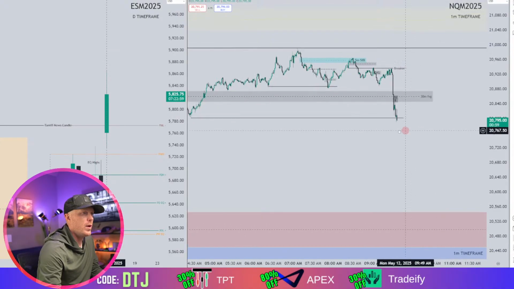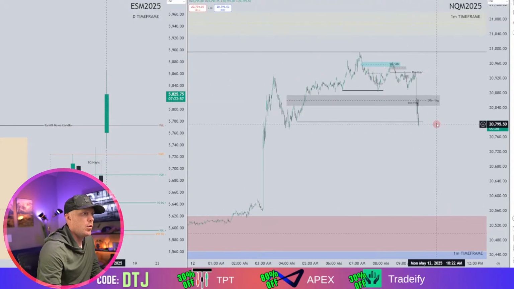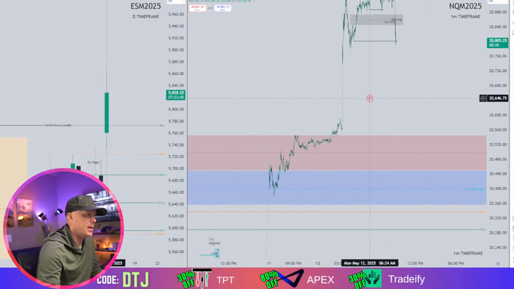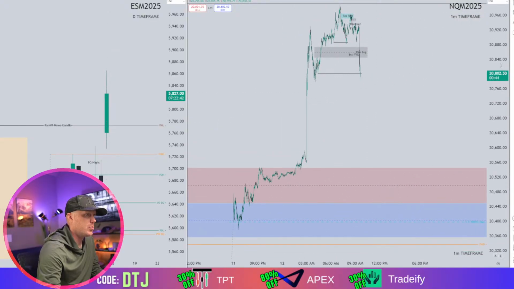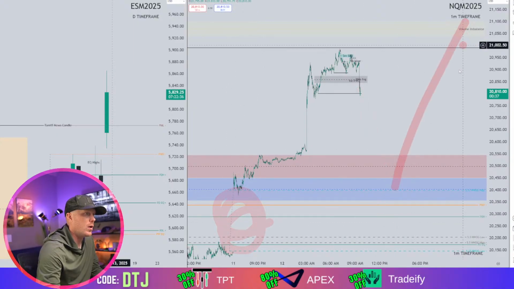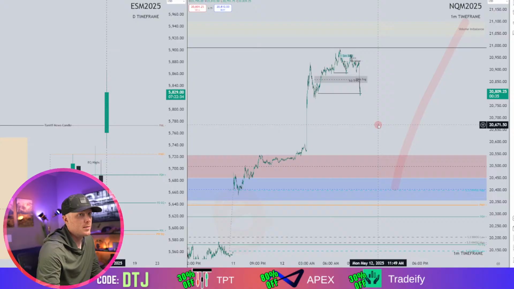Because we are moving lower, I'm not as interested in going lower because of the news. But it could say, hey, let's just retrace all the way down here. Let's hit our new week opening gap, and then we could go higher from there. That's a real possibility.